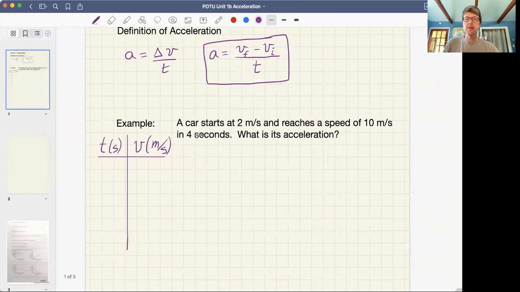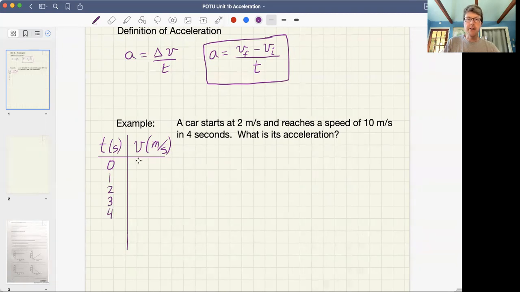Let's do an example of this. The car starts at 2 meters per second and reaches a speed of 10 meters per second in 4 seconds. What is its acceleration? So let's write down the times here. So here we have the time 0, 1, 2, 3, and 4 seconds.